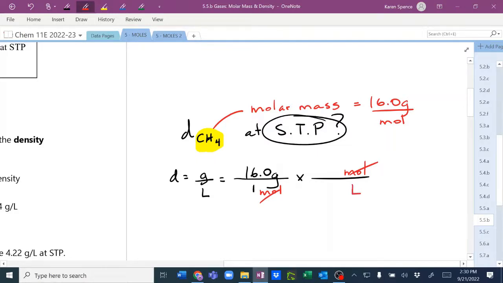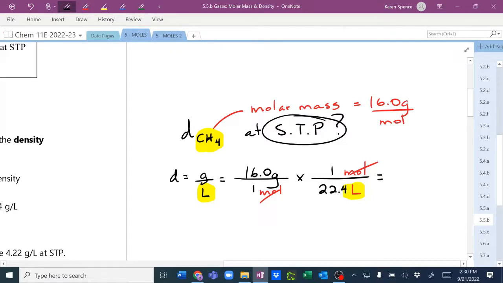You want the liters on the bottom in the denominator, so that's where they are. Where does the 22.4 go? On the bottom with the liters, 22.4 liters per 1 mole.